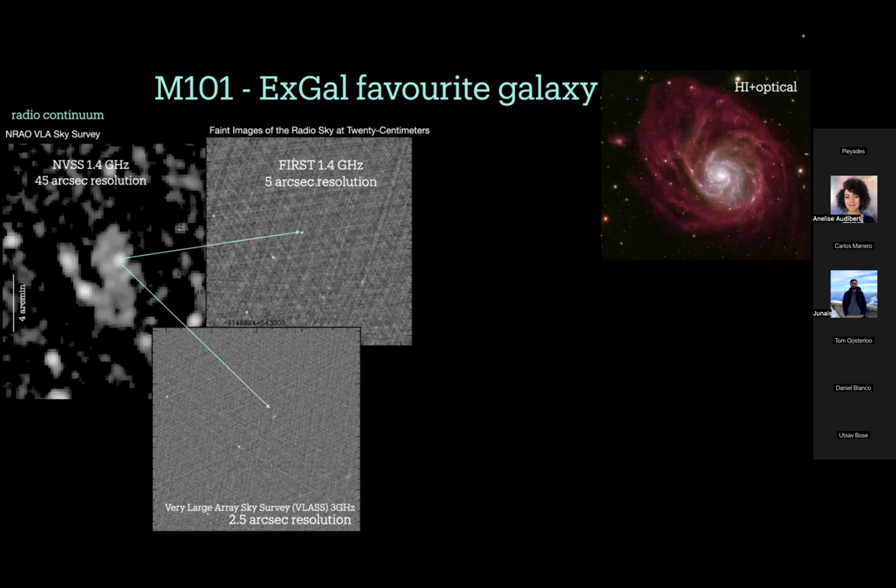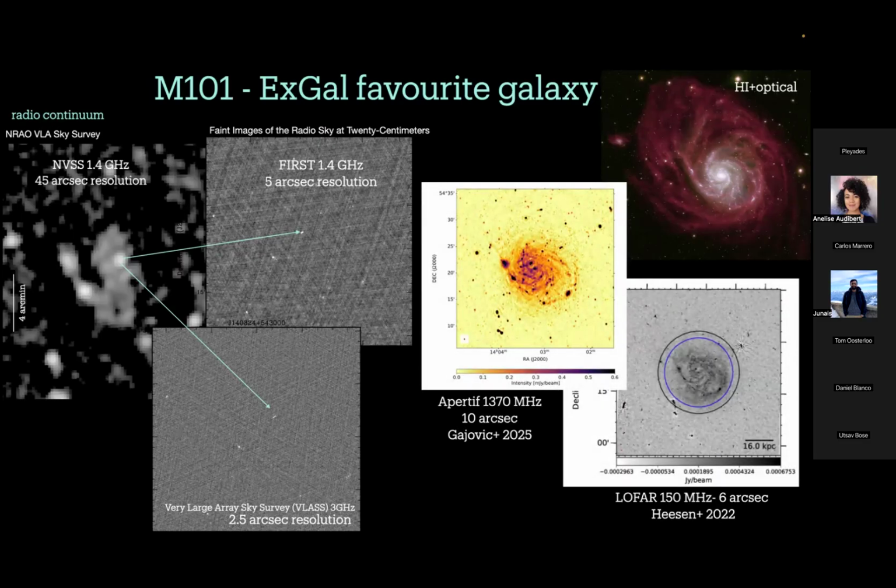That's it. But if you look deeper, you actually see more of this galaxy in continuum still. So this is the Apertif image, and this is still continuum emission, synchrotron emission from whatever is in your galaxy. This is 1.4, so it's the same frequency as these two, but it's a deeper observation at 10 arcseconds.